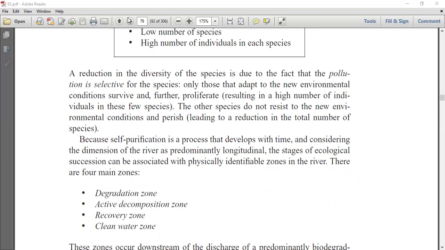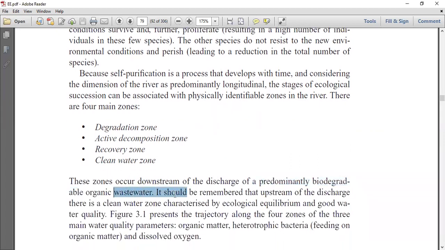So there are four main zones. First is the degradation zone, second is the active decomposition zone, third is the recovery zone, and the fourth is the clean water zone. These zones occur downstream of the discharge of a predominantly biodegradable organic wastewater.